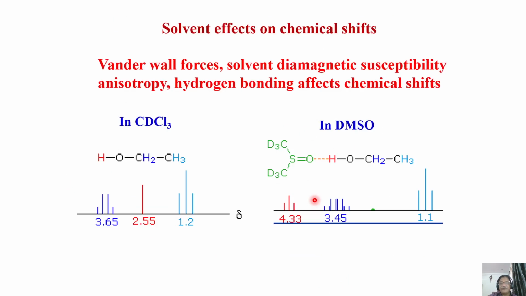So all these effects you can utilize when we start analyzing the spectrum. Depending on the judicious choice of what you want to see, you can make use of some of these tricks. To disentangle the complexity, you can use shift reagents. More about shift reagents will come back in one of the classes later.